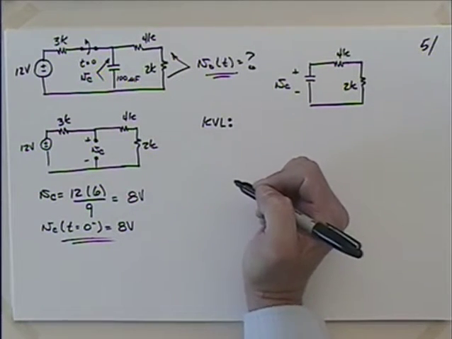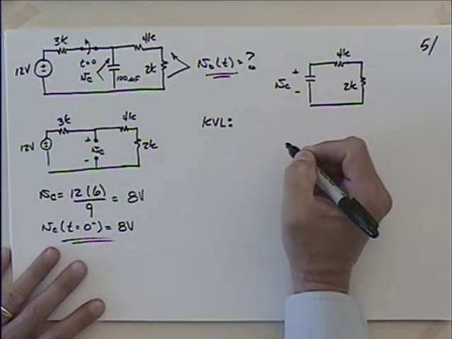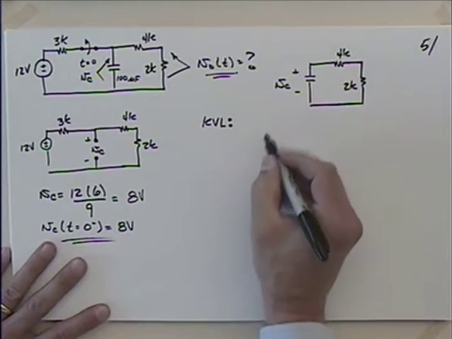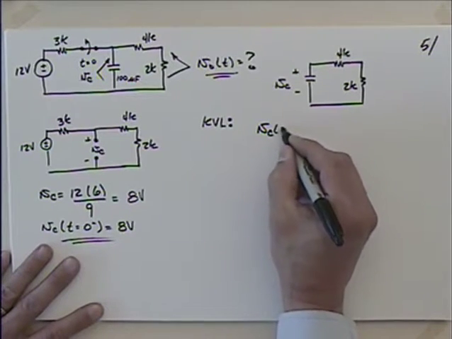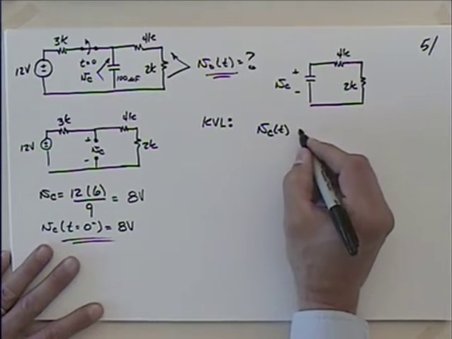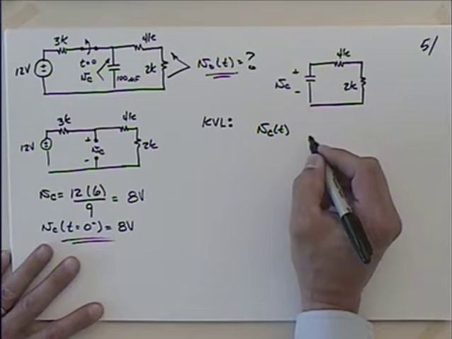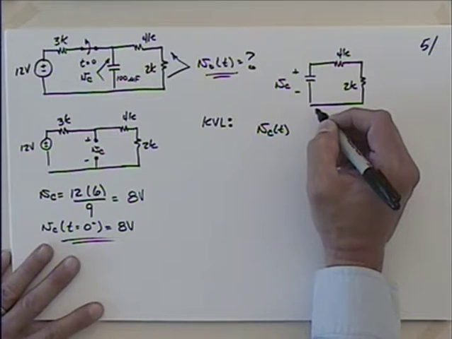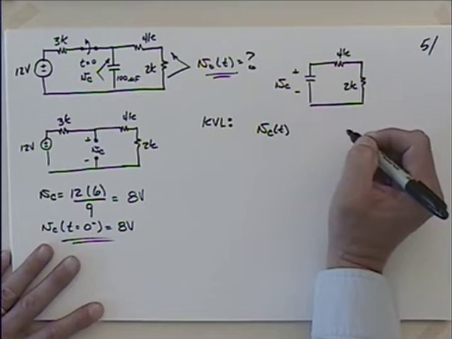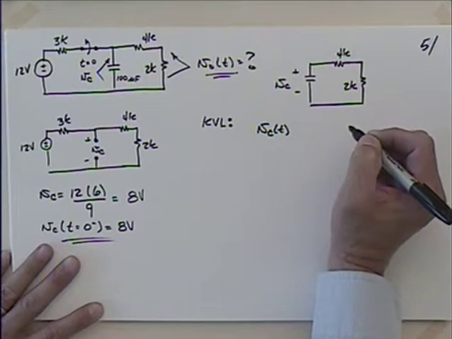If I do Kirchhoff's voltage law running around this thing, I could have a gain of VC, right? And then I'm going to drop. As I go from positive to negative, which way do I want to do this?